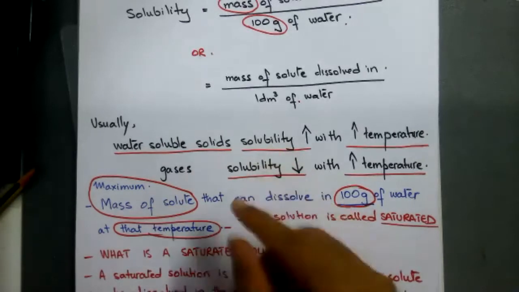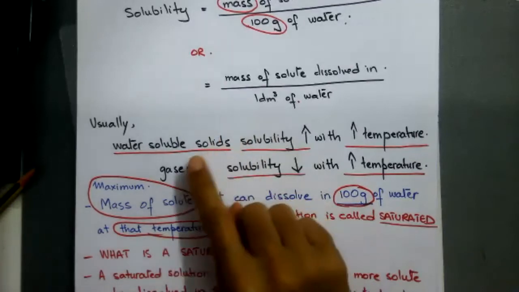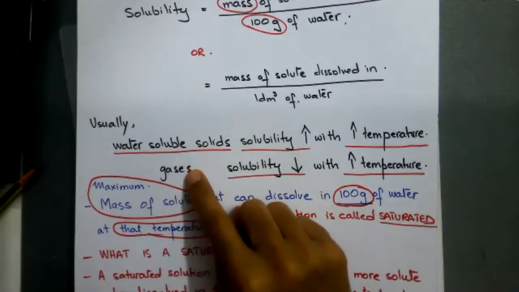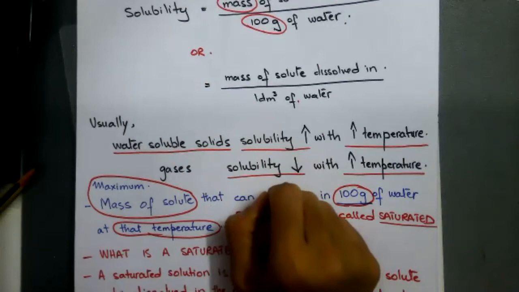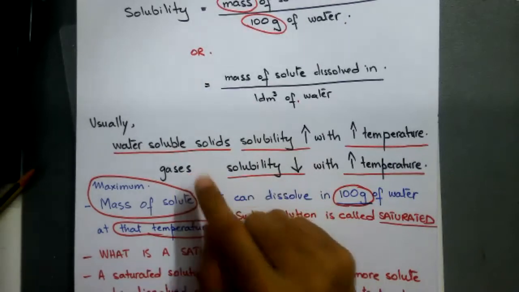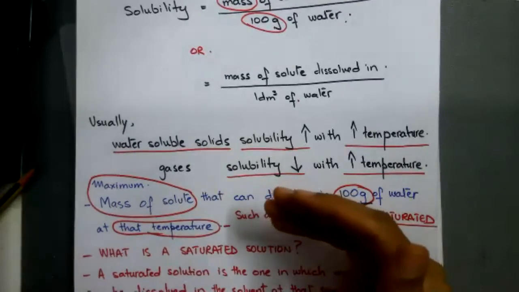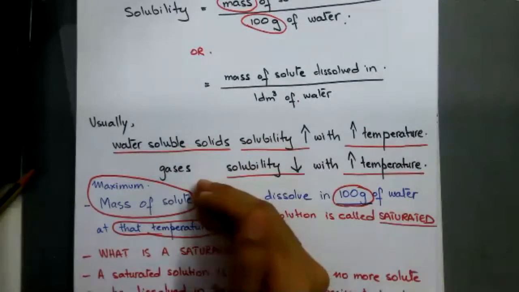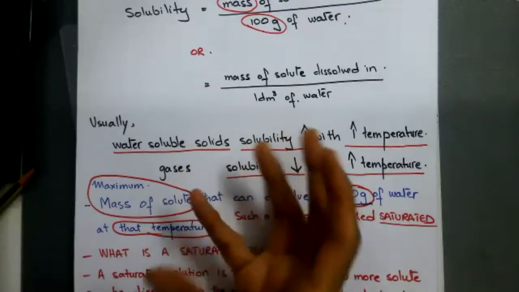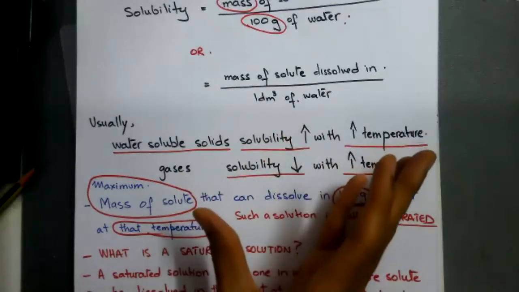Now, if the solute is a gas, then that's different, because gases, as I told you, are less dense. There are no intermolecular forces of attraction between the gas molecules, and they are already very far apart from each other.